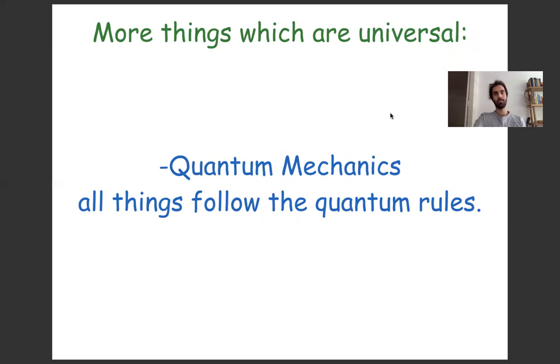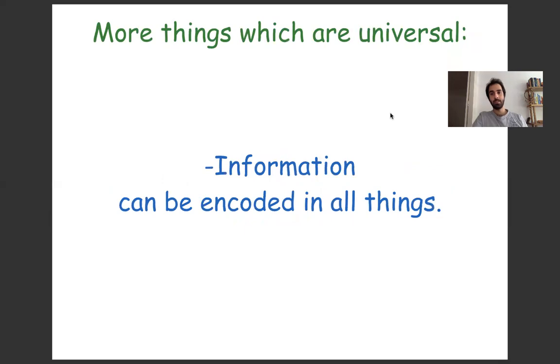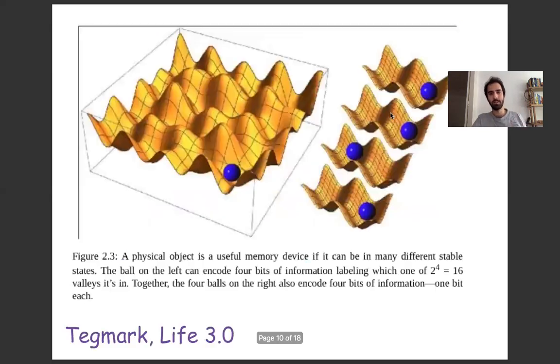It's a law of nature, and all things follow these quantum mechanical rules. And information can also be encoded in all things. Anything can encode information, right? This cup of coffee, the more complicated it is, the more the information can be hidden from us. We can be ignorant about how it's coded, but anything serves as a way to encode information. So this is what I mean informally by universal.